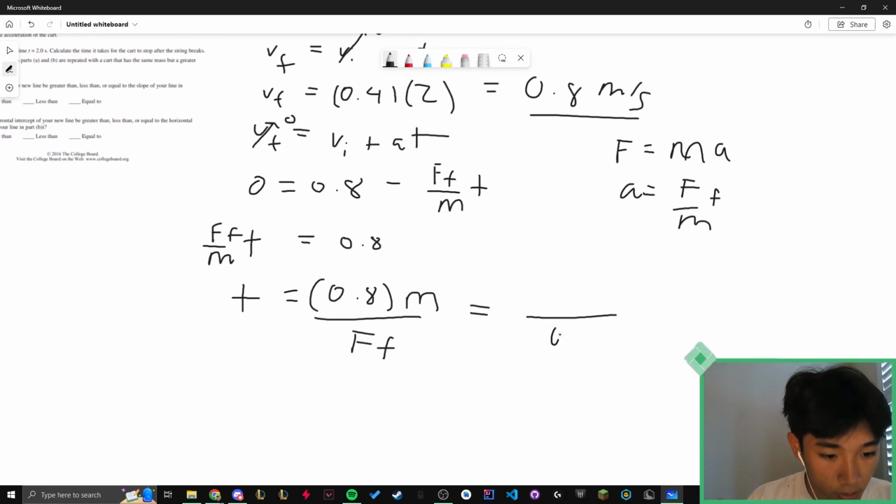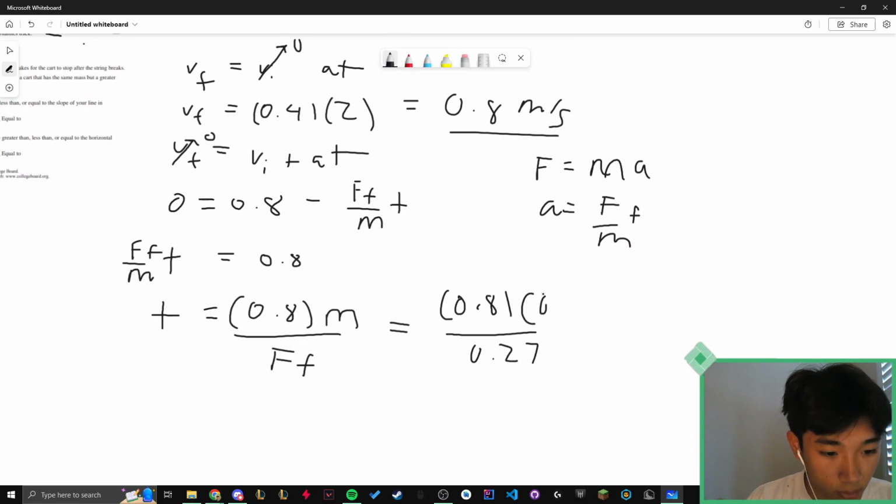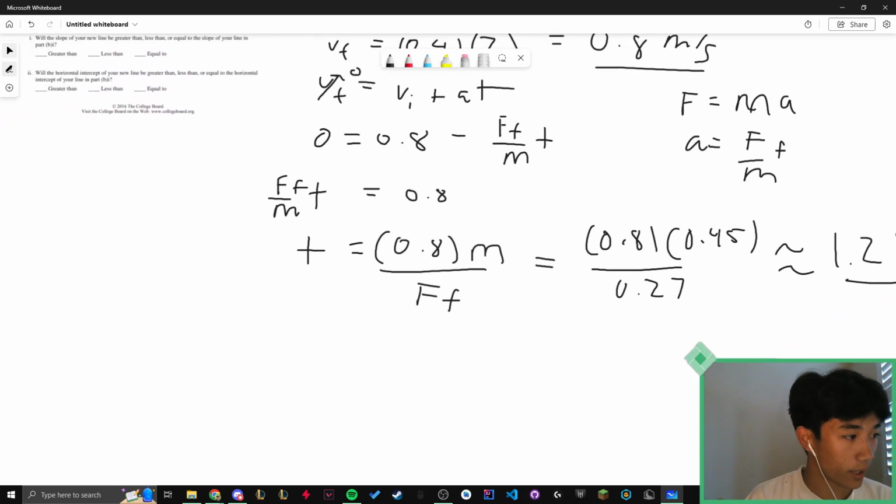So we're going to do 0.8 times our mass, which was 0.45, divided by 0.27, and this is equal to around 1.29 seconds. That will be our answer for that.